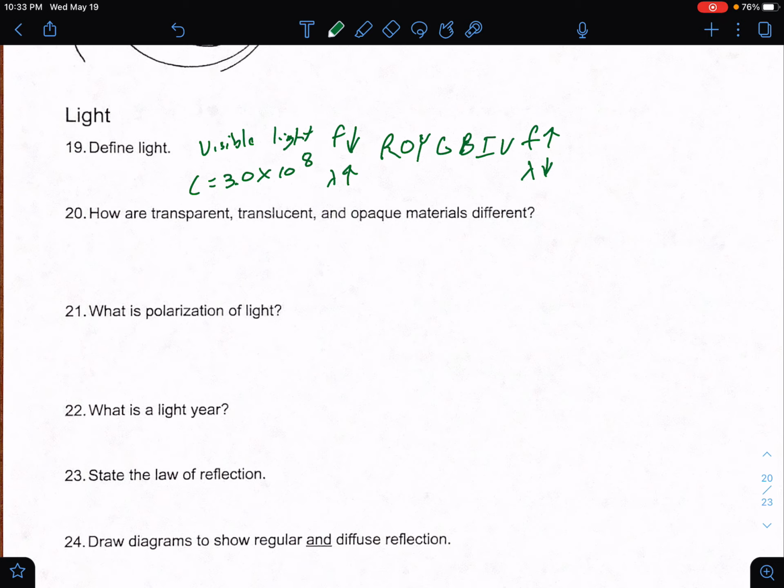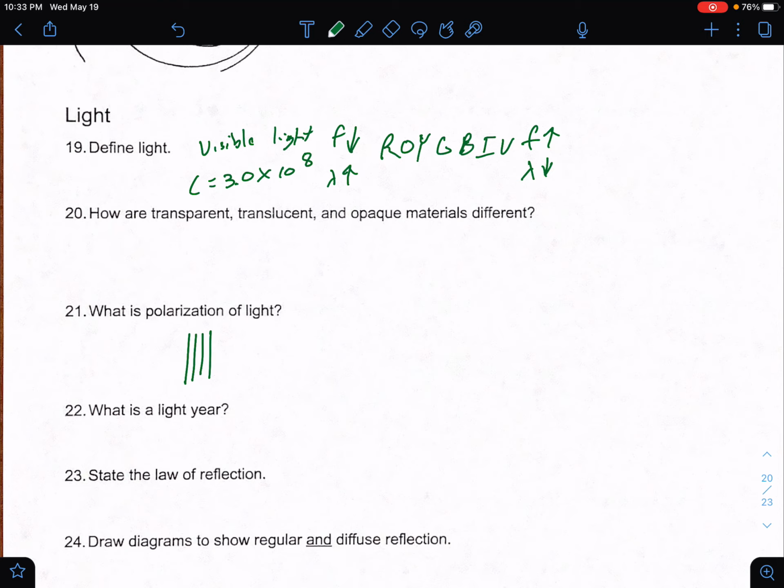21, what is polarization of light? Electromagnetic waves can be polarized because they are transverse waves. This is why sunglasses are polarized: you have lines in your sunglasses that are going up and down or left to right.